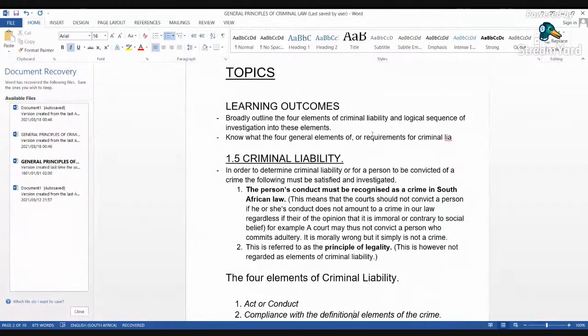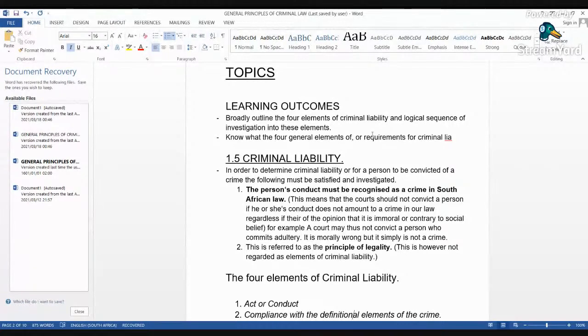Explaining it further with an example, the courts cannot convict a person merely because they are of the opinion that his or her conduct is against social beliefs or is immoral, or that that person is a danger to society. For example, adultery is immoral but does not necessarily constitute a crime.